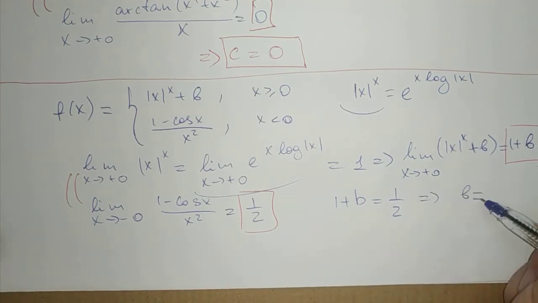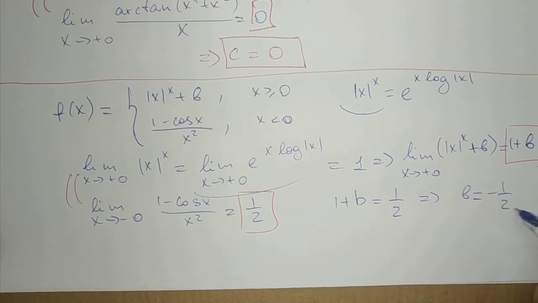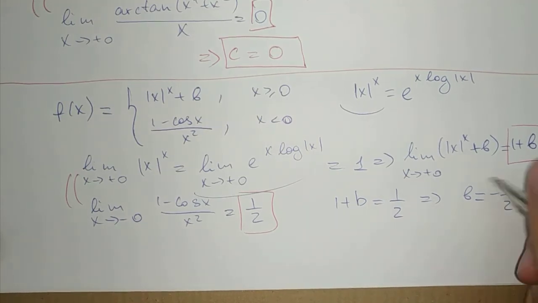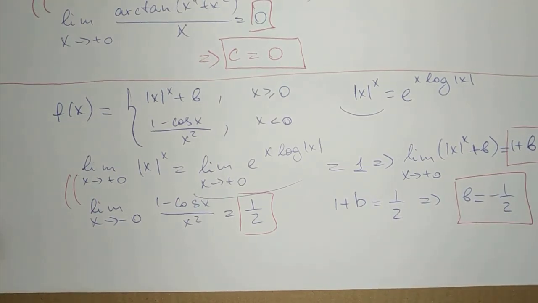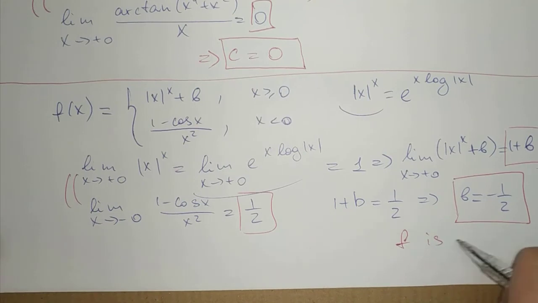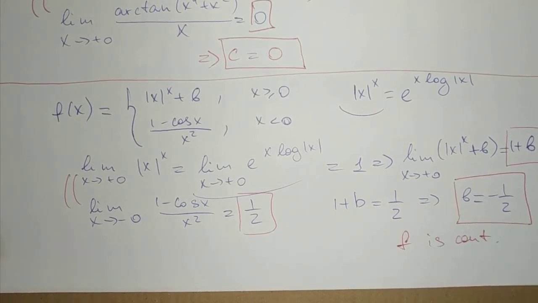Hence b is minus 1 over 2. So for b equal to minus 1 over 2, the function f of x is continuous.